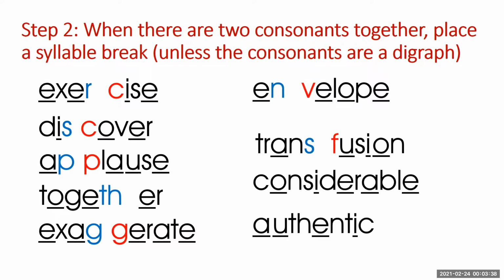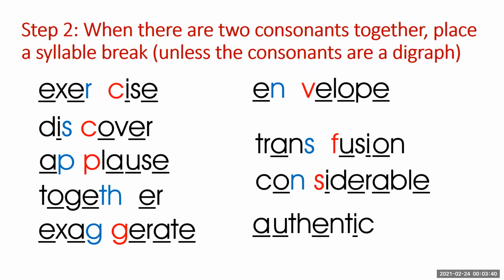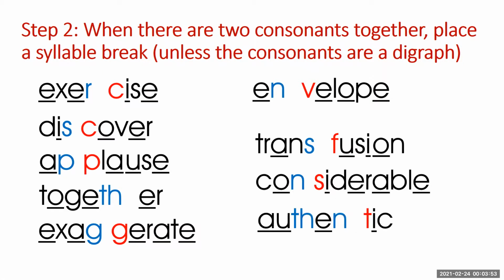Considerable. And then finally, authentic. The first two consonants are a T and an H again. That's a digraph. So we don't split it there, but the N and the T are split. Okay, so now we've done the first rule.